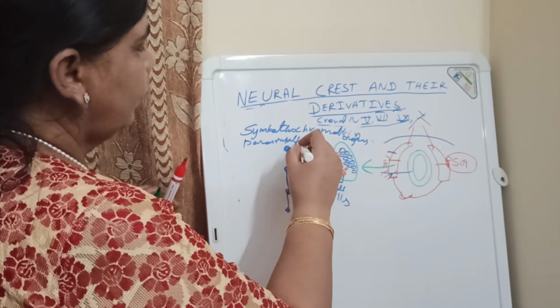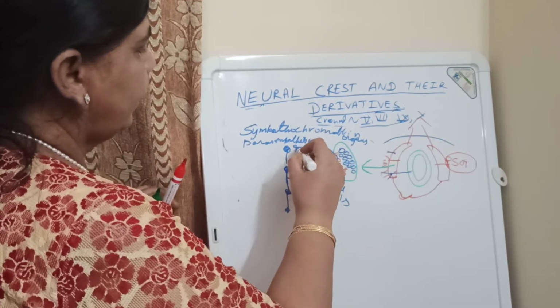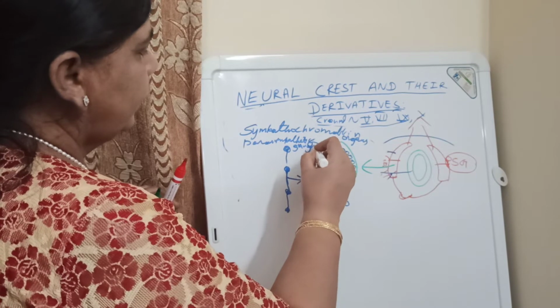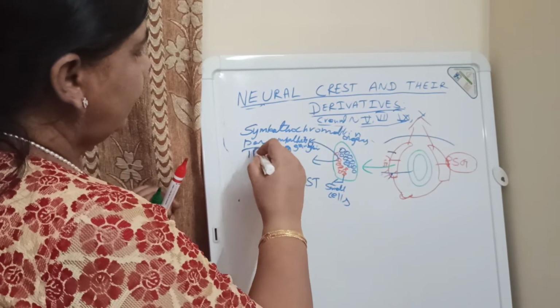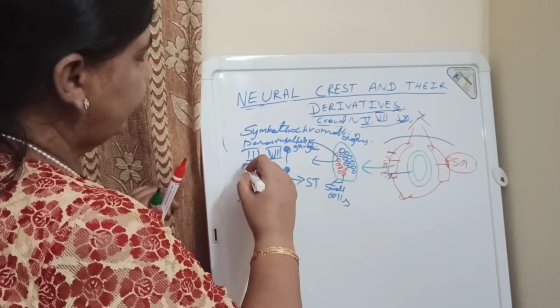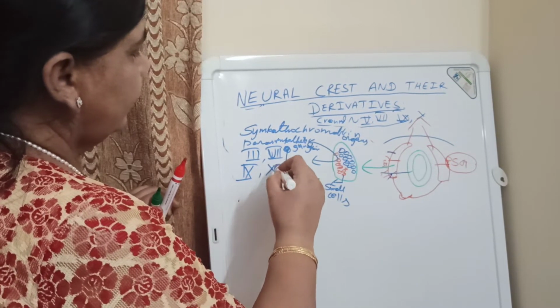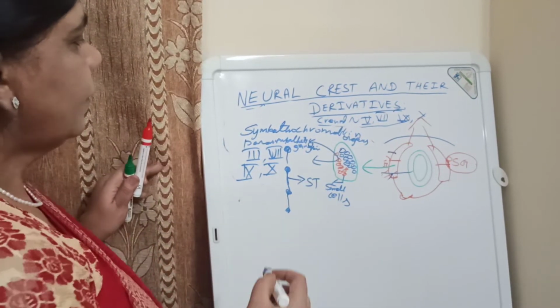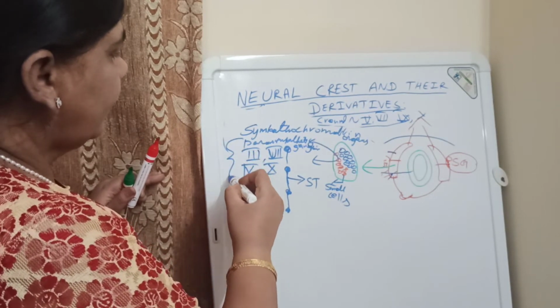You should know which cranial nerves contain the parasympathetic ganglia: third nerve, seventh, ninth and 10th.